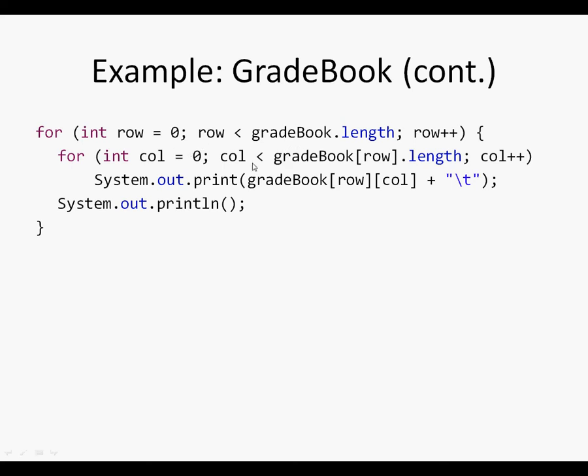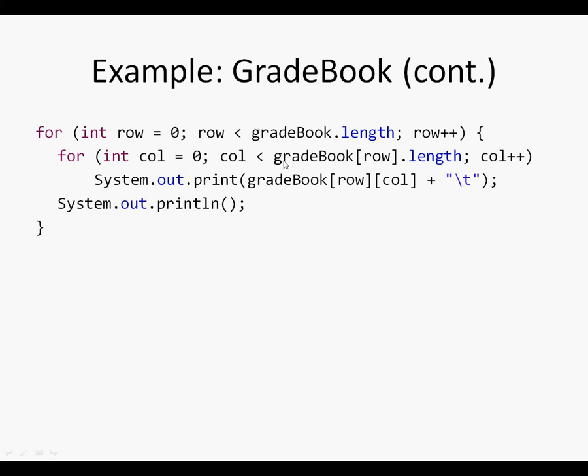Our inner for loop, so this is going to be for each row, for row 0, for row 1, for row 2, etc. It's going to start at column 0, and the number of columns in that row is gradebook at row dot length. Okay, so this is going to say from column 0 to 4 because there's 4 columns in each one of our rows.